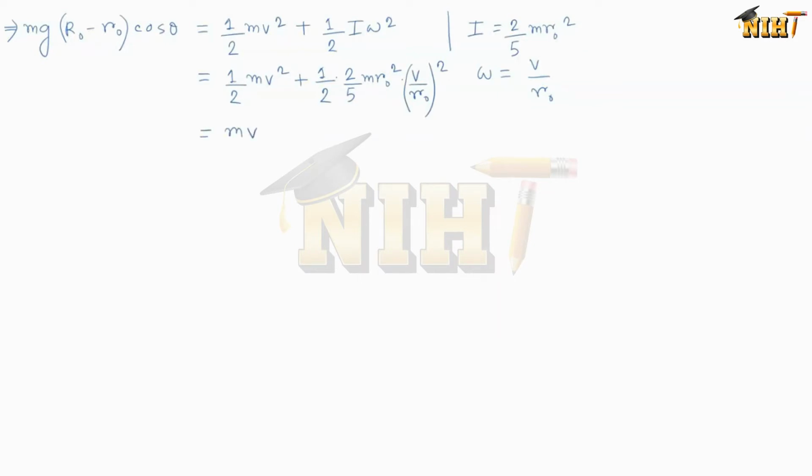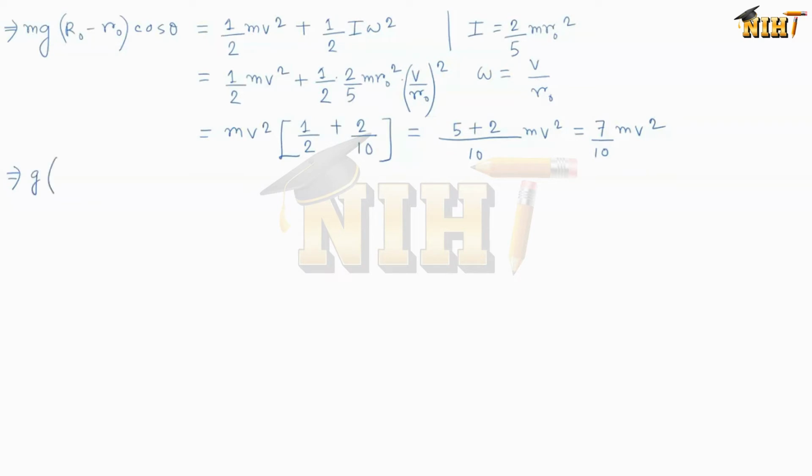By taking common, we get half plus 2 by 10, r0 square will vanish. So from here we get 5 plus 2 mv square is equal to 7 by 10 mv square.